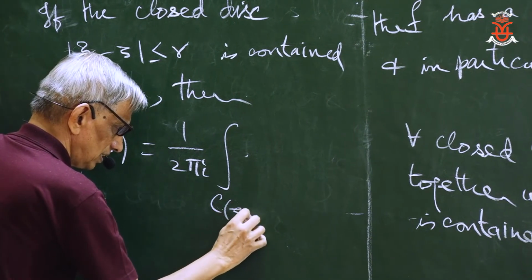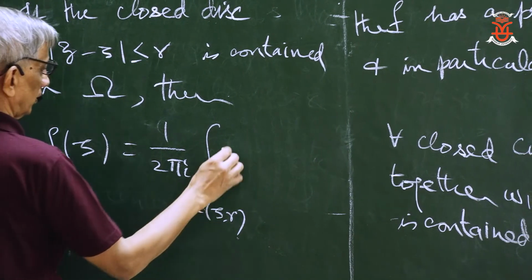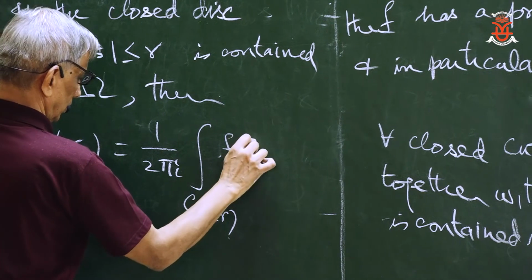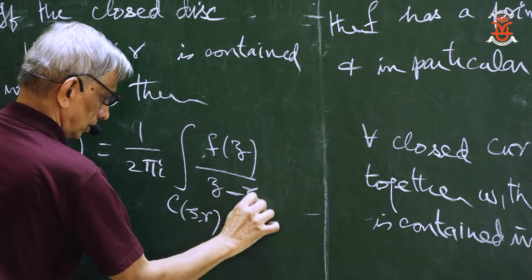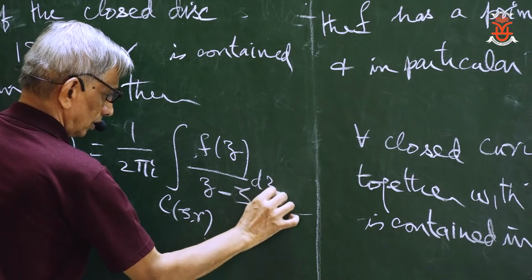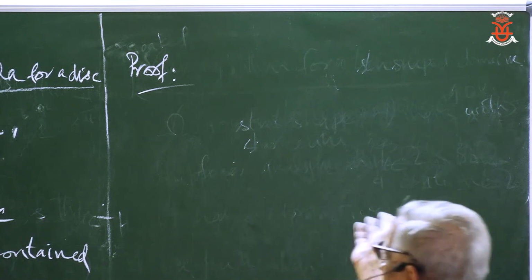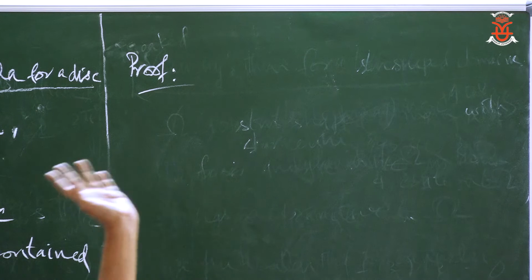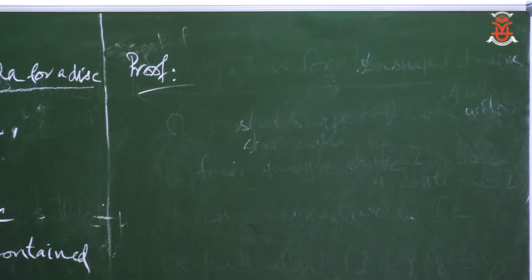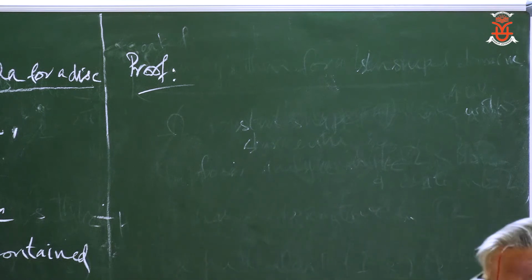So C zeta R, circle with center zeta, radius R. So we are going to apply Cauchy's theorem only for a disk, although we proved it for star-shaped domains and so on. All that you need is a disk.